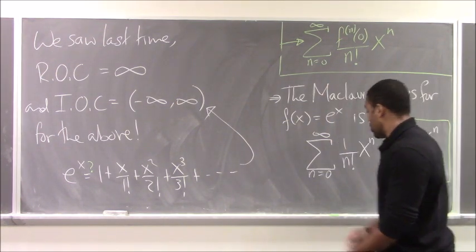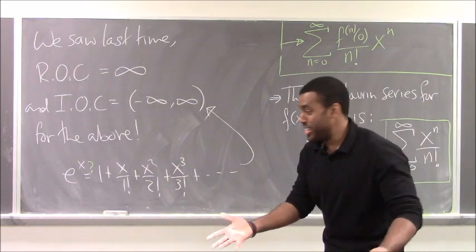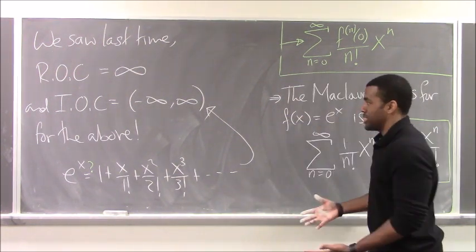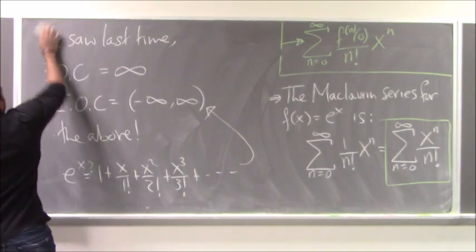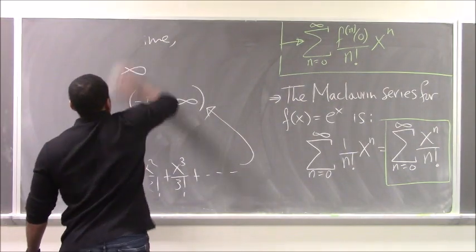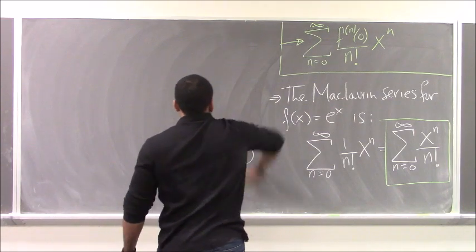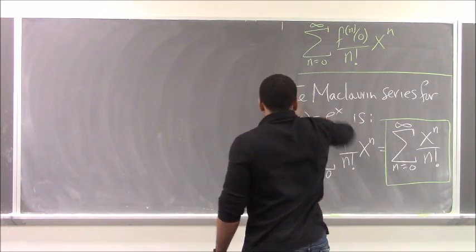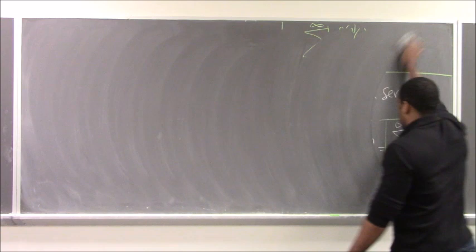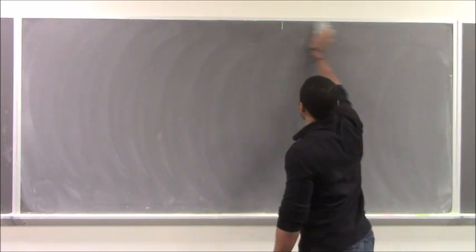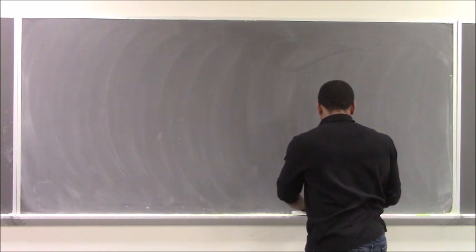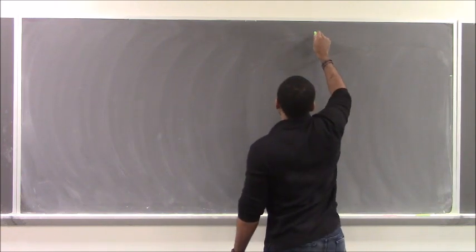But yeah, so now what I would like you guys to do is do the same for cosine. I'll do the usual, I guess, give you guys 5 minutes to try this out.